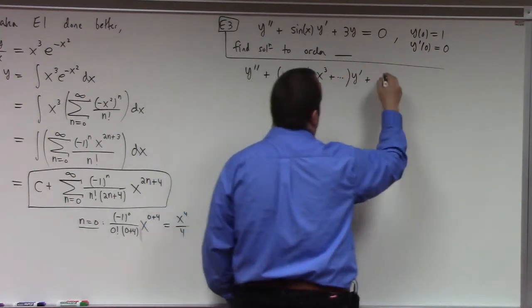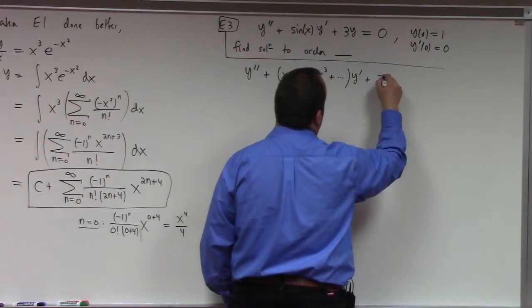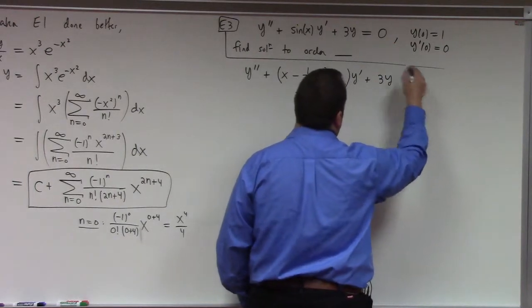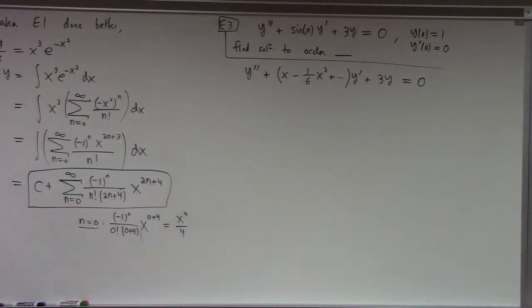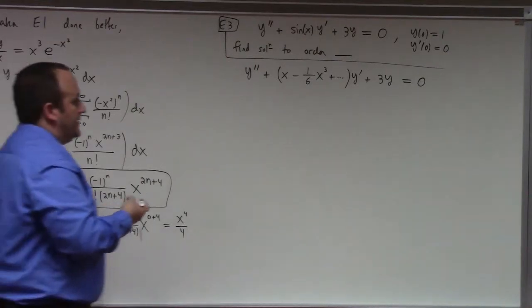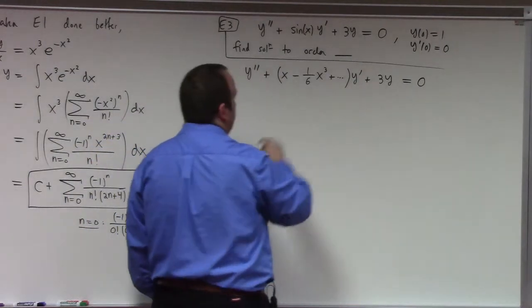And then I got a 3y over here. So that's what the differential equation looks like. In this case, I had a coefficient which is best defined by a series. I need to actually expand the sine into a series in order to use our method. And this is the Maclaurin series for sine.